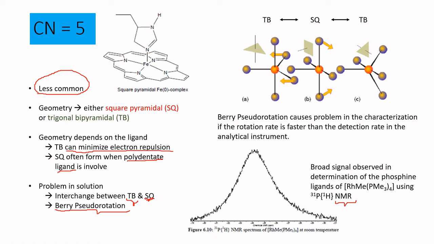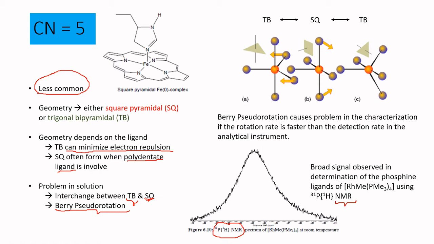If we analyze something and get a broad signal like this, it means the signal is not very good. In this phosphorus NMR, you want to detect phosphorus.